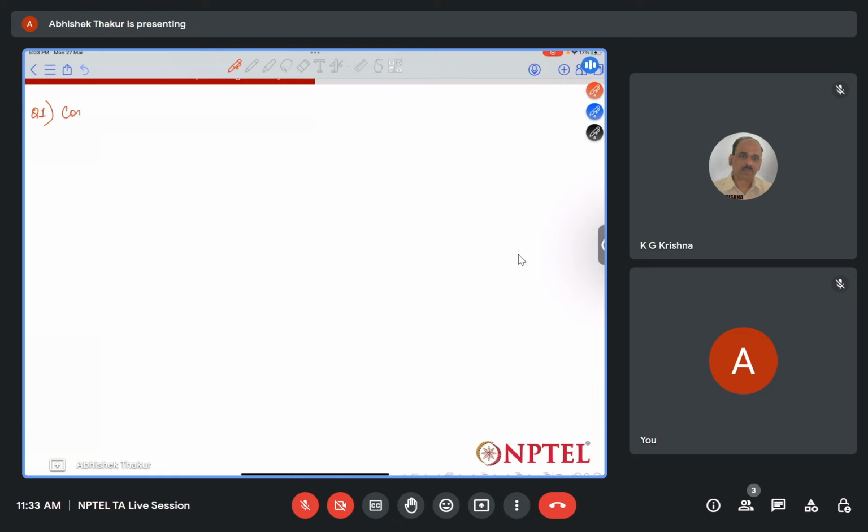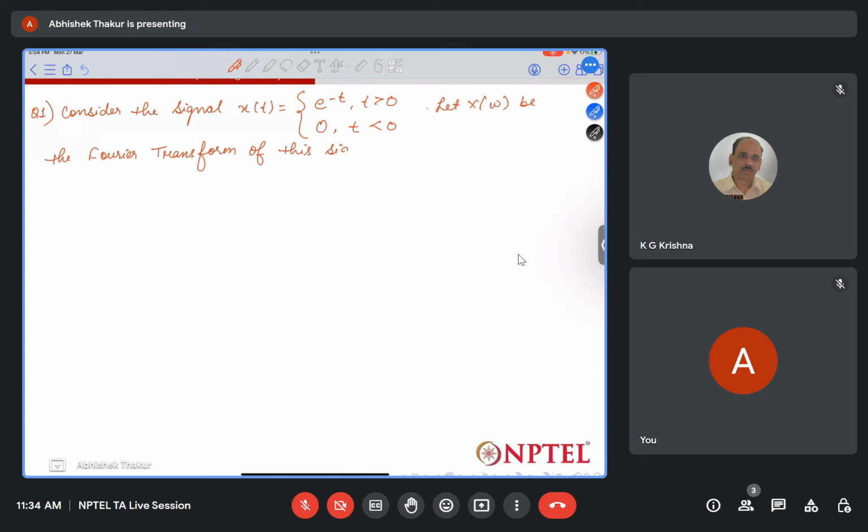The question is: consider x(t) given as e raised to the power of minus t when t is greater than 0, and X(omega) is the Fourier transform of x(t).